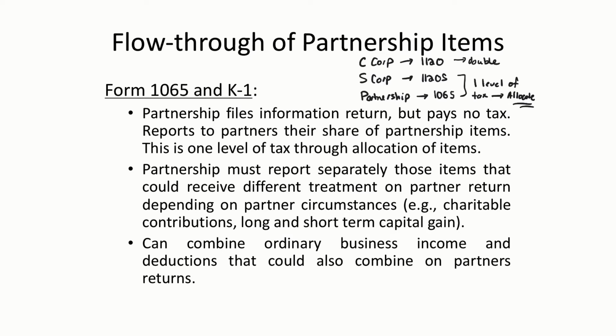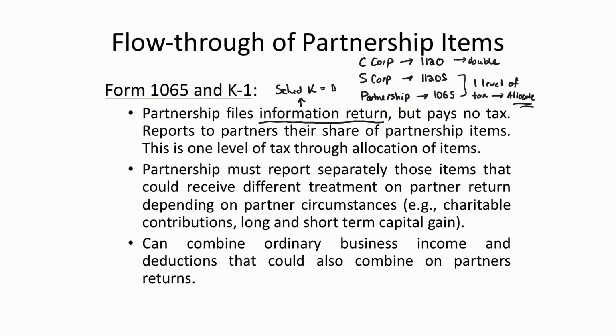So, partnership files Form 1065. Again, the owners are the ones that pay the tax. So the 1065 is an informational return. It reports taxable income, and also on Schedule K, it reports various items, okay?